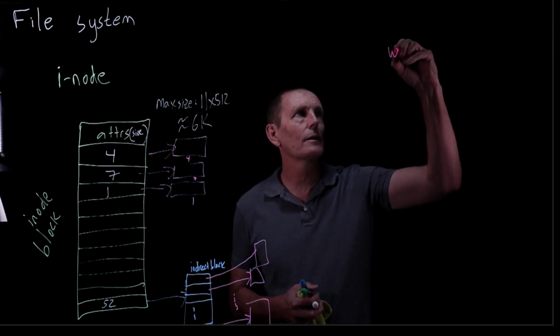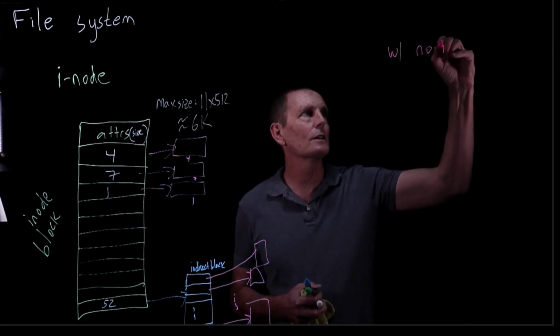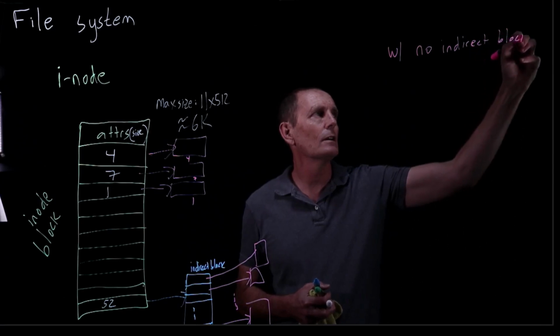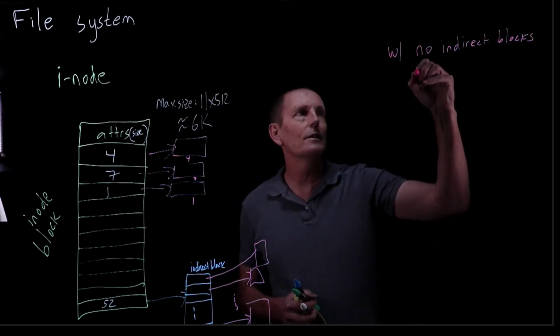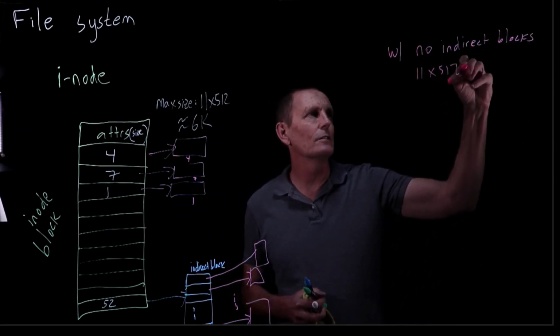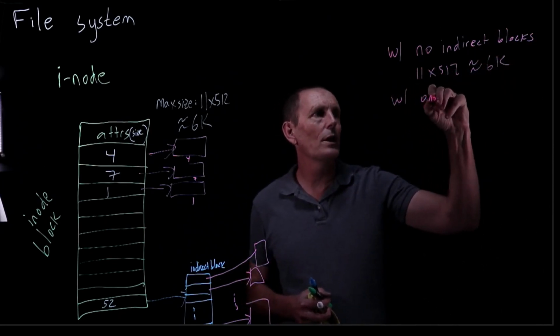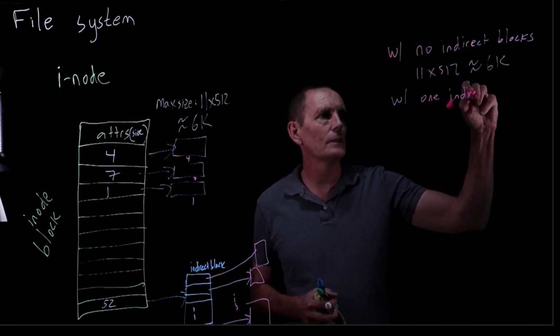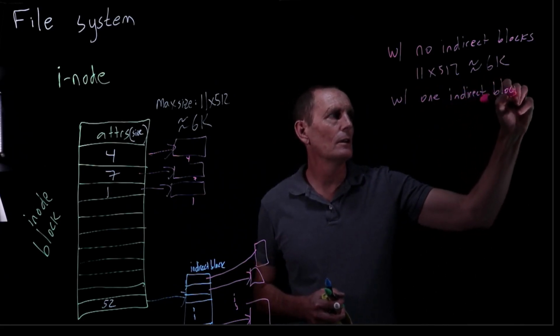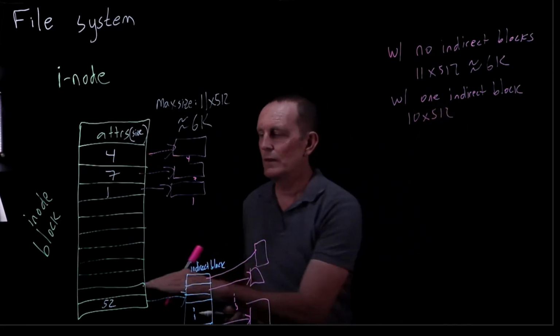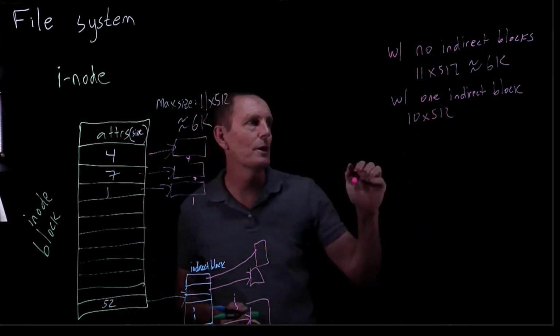So with no indirect blocks, we have 11 times 512, which is around 6K. With one indirect block, well, now we have 10 times 512 because we turned one of these direct ones into an indirect, so we lose one there.